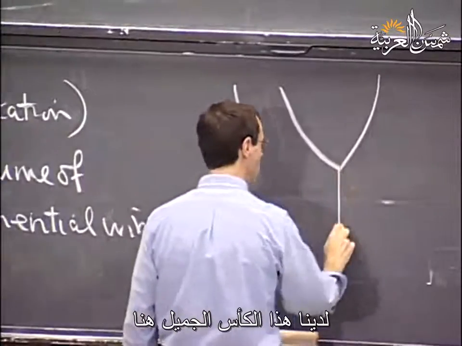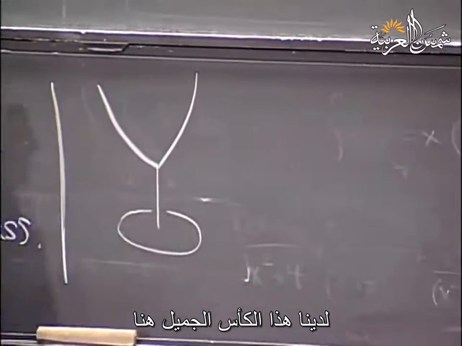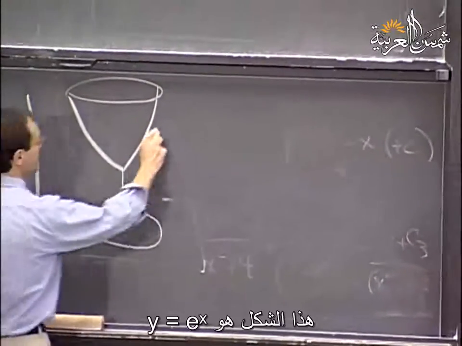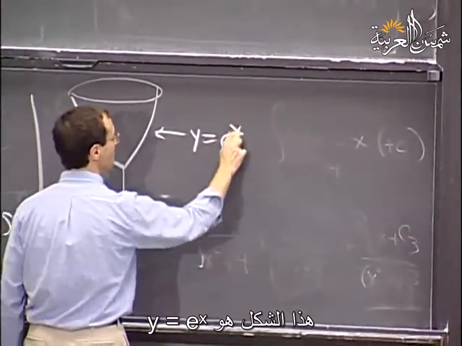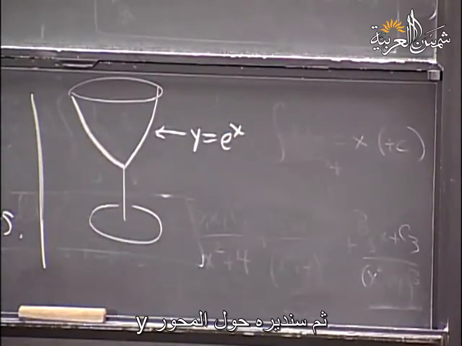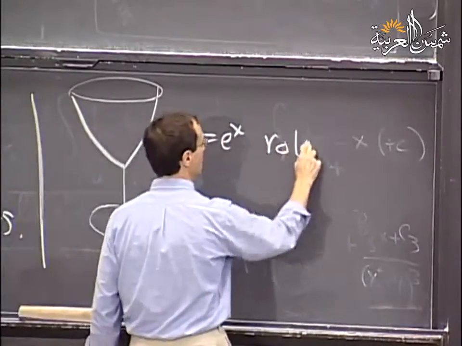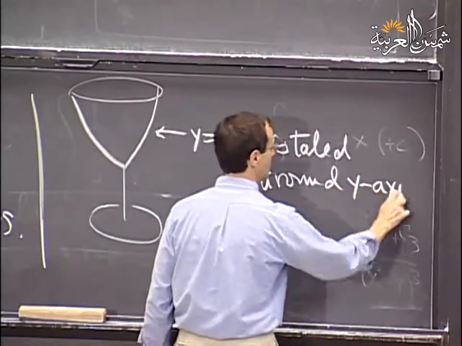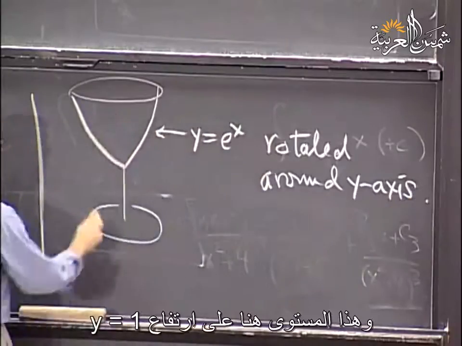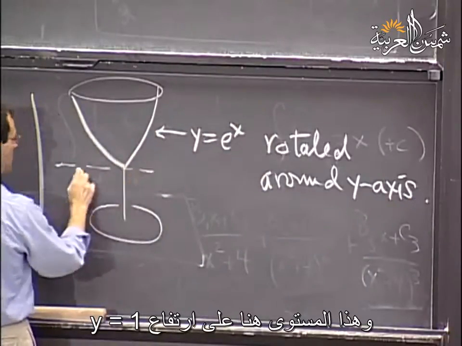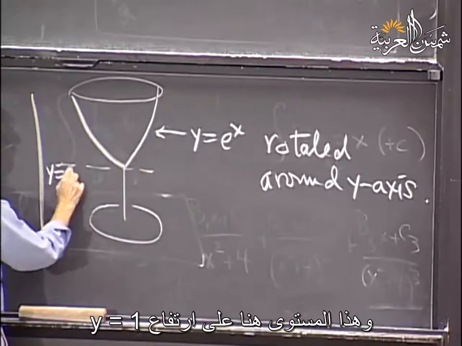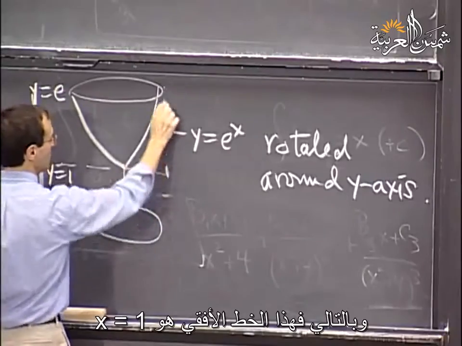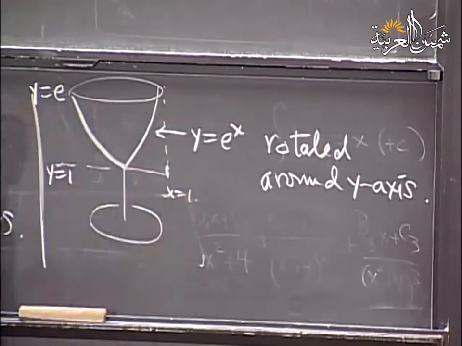It's going to be this beautiful guy here, I think. Okay, so what's it going to be? This graph is going to be y is equal to e to the x. There, and we're going to rotate it around the y-axis. And this level here is the height y equals 1, and the top, let's say, is y is equal to e, so that the horizontal here coming down is x equals 1. Okay?